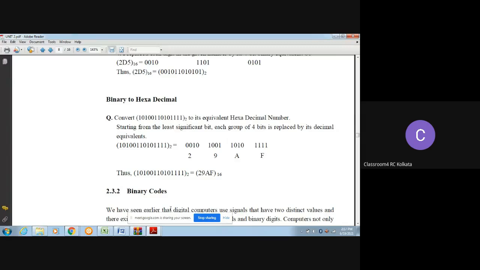What is the value in decimal? 20? No. Anybody?